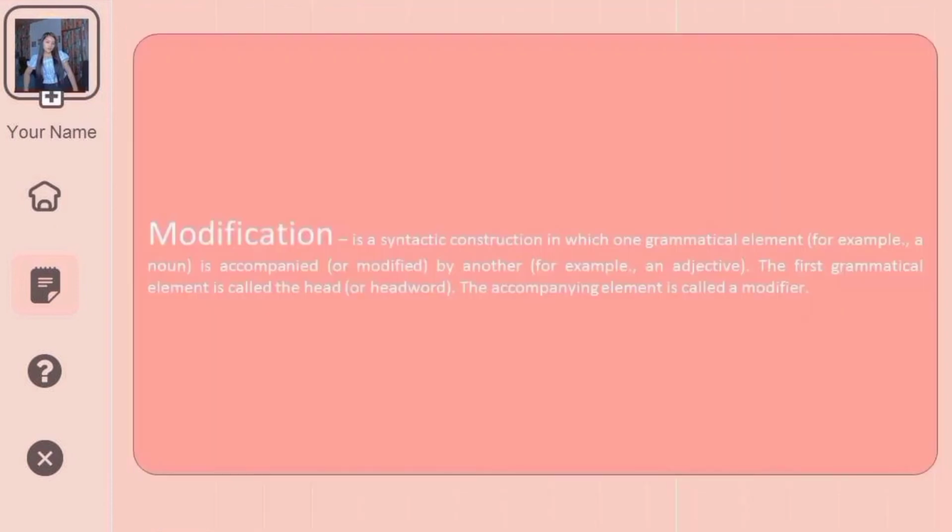Remember the principle of modification. Modification is a syntactic construction in which one grammatical element, for example, a noun, is accompanied or modified by another, for example, an adjective. The first grammatical element is called the head or head word. The accompanying element is called a modifier.